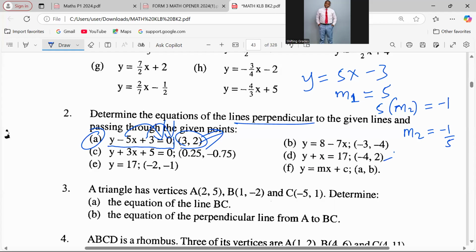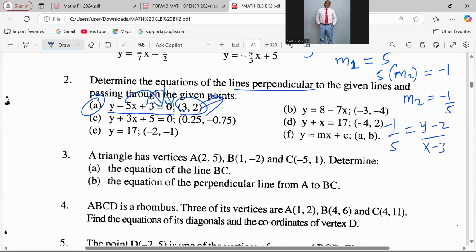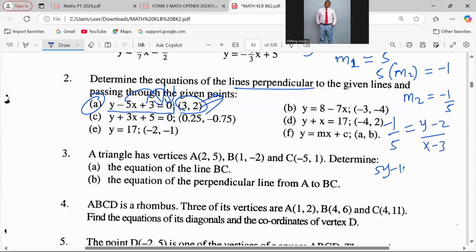So we say -1/5 equals (y - 2)/(x - 3). Cross multiplication will give us 5y - 10 equals -x + 3. I'm cross multiplying by -1 and here by 5. So 5y equals -x + 13.